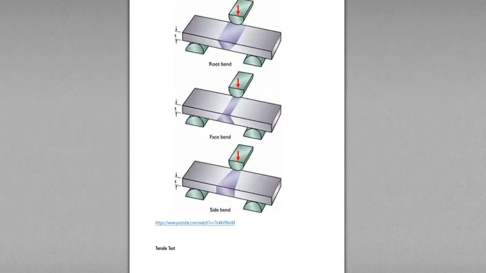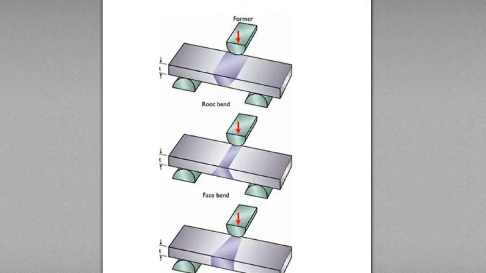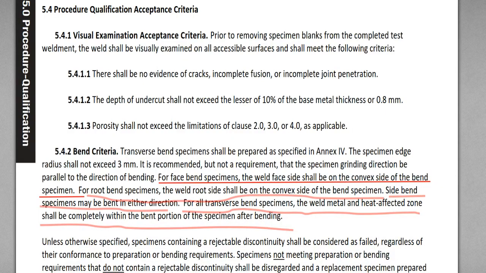Hold on a second, please. Okay, this is the root bend side, and the specification says for root bend, the root side should be convex.